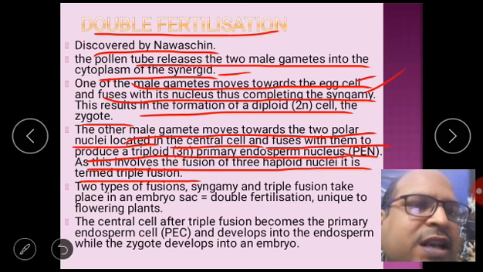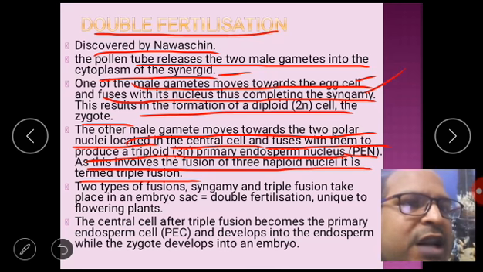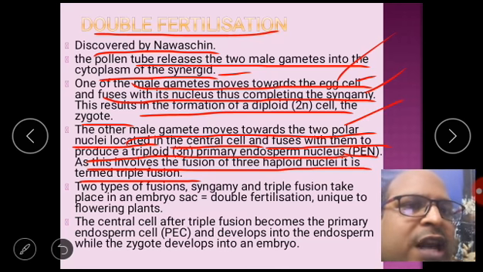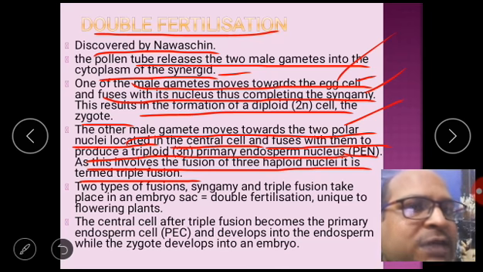Dear students, once again I am telling you what will be there. One male gamete is employed over here, and the other male gamete is fusing with two polar nuclei which are located in the central cell. So here two polar nuclei plus one male gamete.